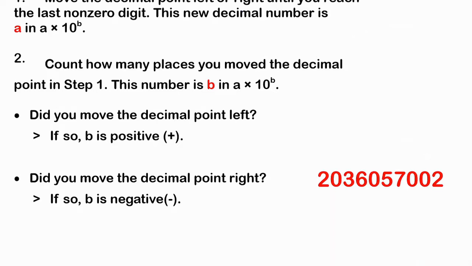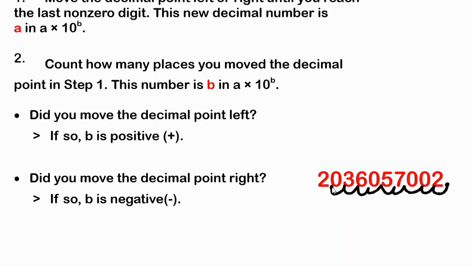First, find the decimal. Okay, so I've got a big number here, and since the decimal is not written, we know from math class it's at the end. So find the decimal and move it to the left or right until you reach the last non-zero digit. So ready? 1, I'm moving it left. 2, 3, 4, 5, 6, 7, 8, 9.